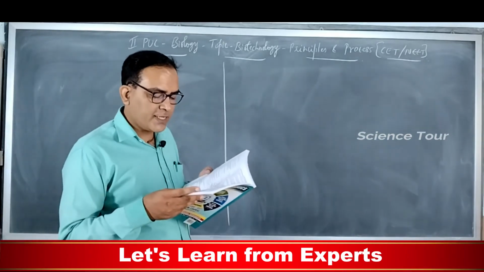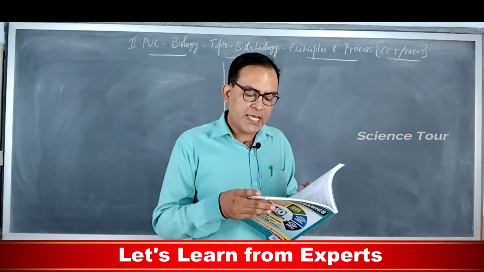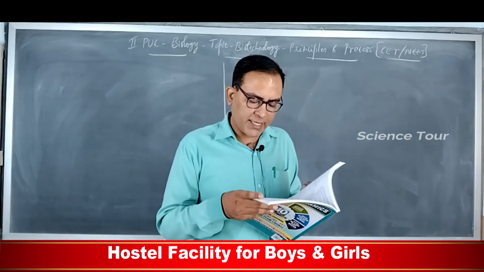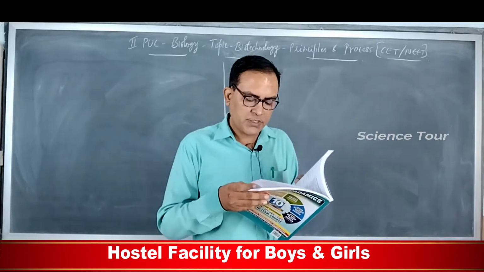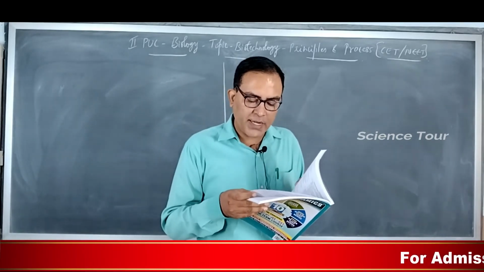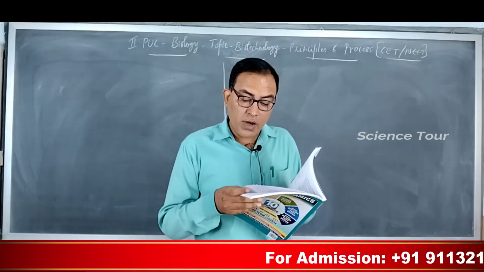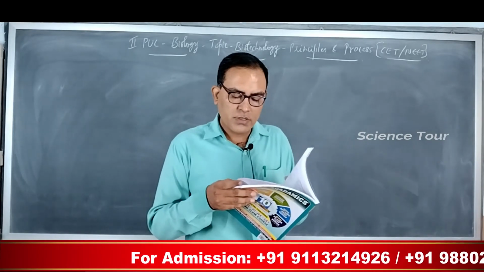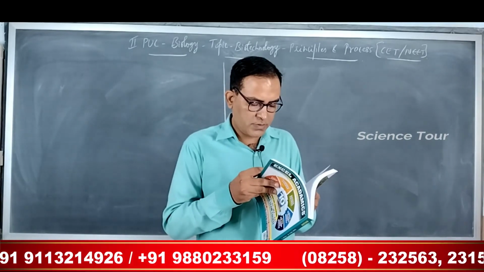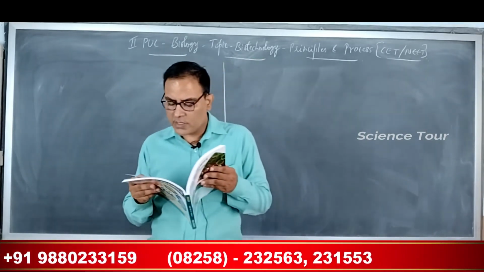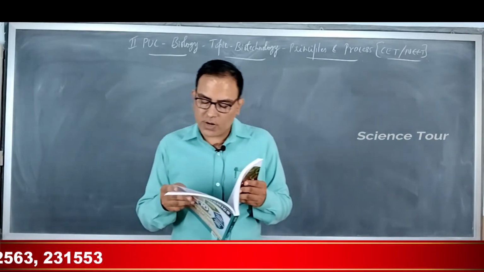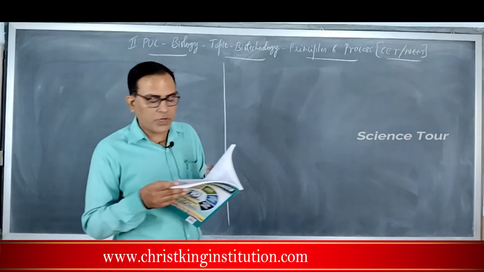Then question number 39. A recombinant DNA is inserted within the coding sequence of the enzyme beta-galactosidase. Then what happens? The recombinant colonies do not produce the blue color, whereas the non-recombinant colonies can produce the blue color.